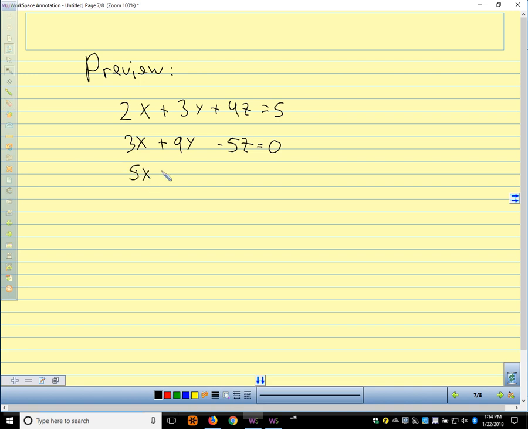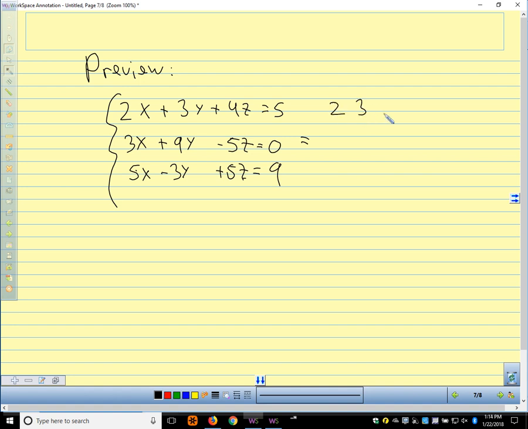So here's my system of equations. Instead of turning this into an augmented matrix, we're going to turn this into a matrix equation.